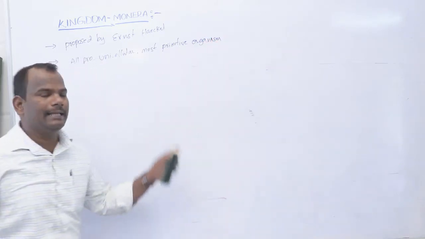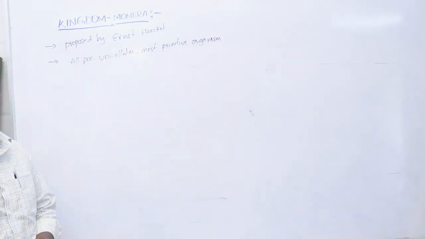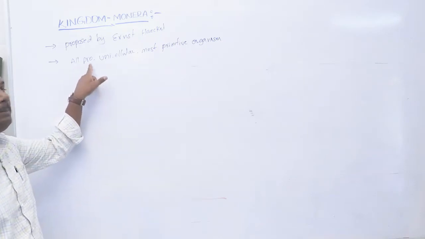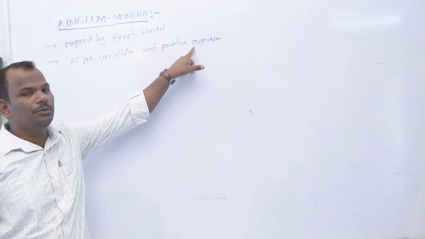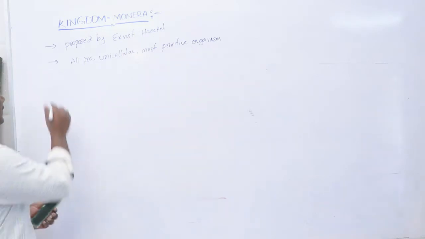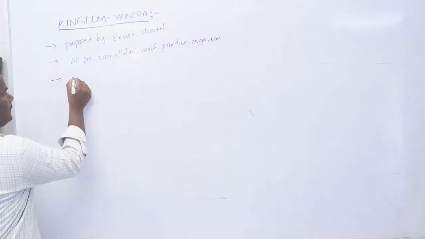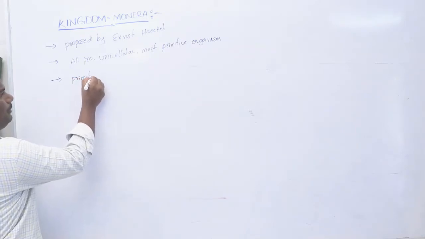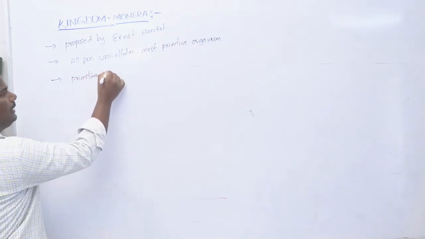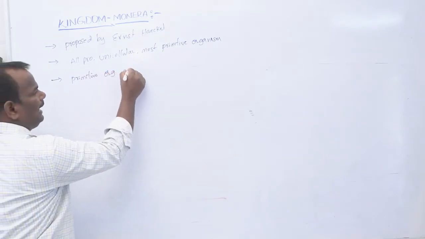It's called Monera. What is the definition of Monera? All prokaryotic, unicellular, most primitive organisms. They were the first primitive organisms on earth.